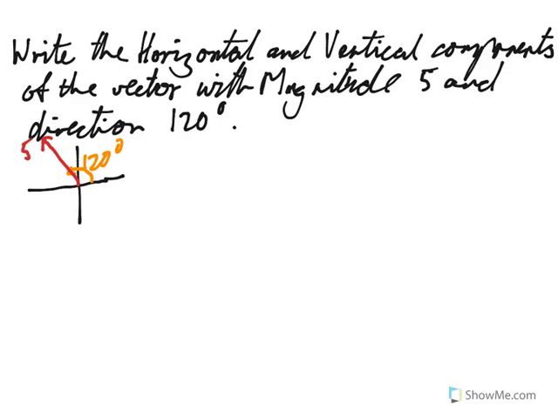Alright, so we've got horizontal and vertical components. So the horizontal component's there, and our vertical component is this one here. Of course, they make a right angle in there. Alright, so if that angle is 120, then this little angle in here is going to be 60 degrees, of course.